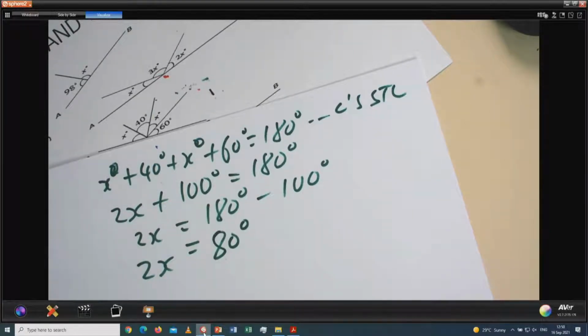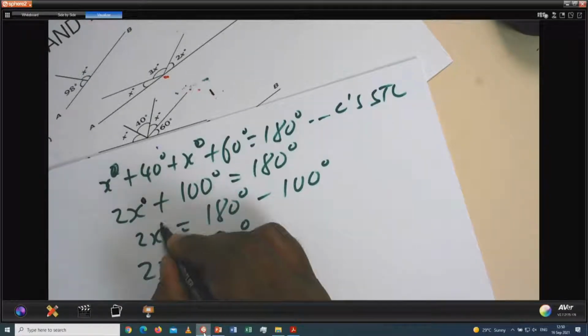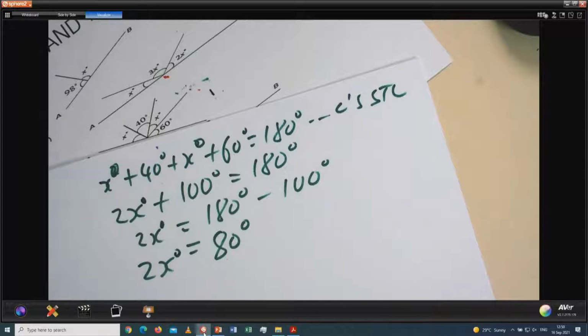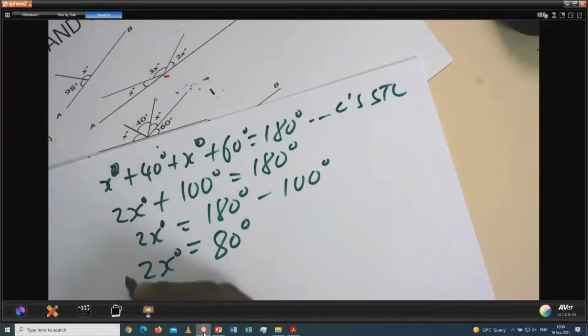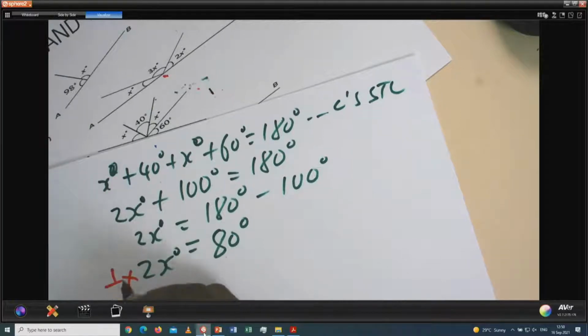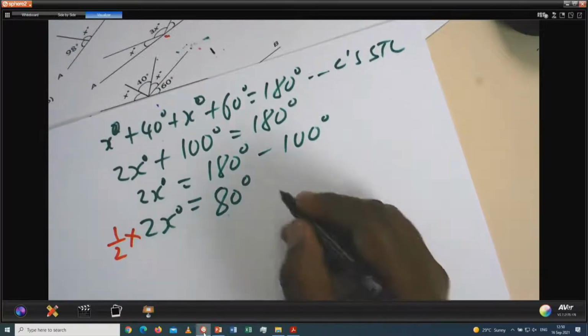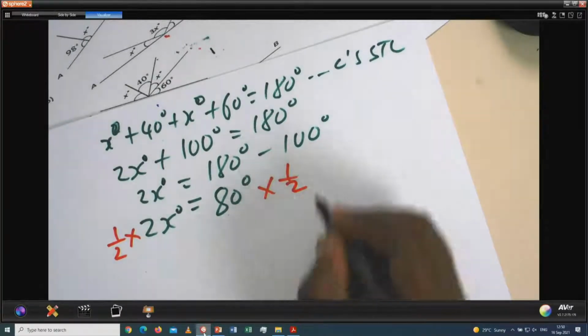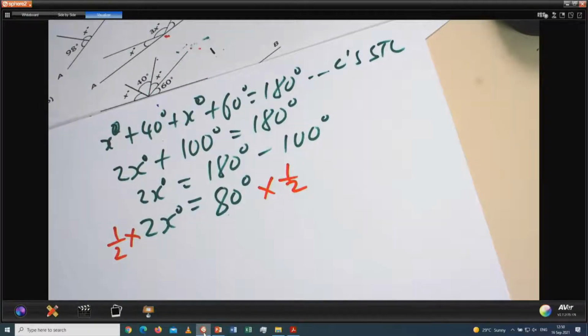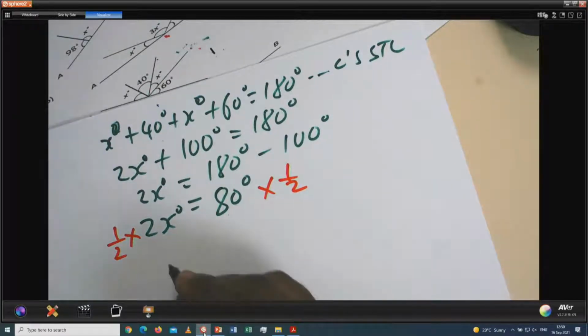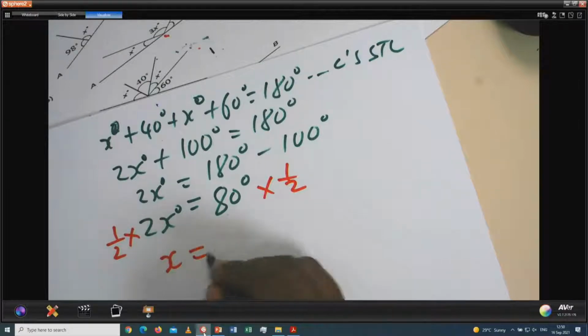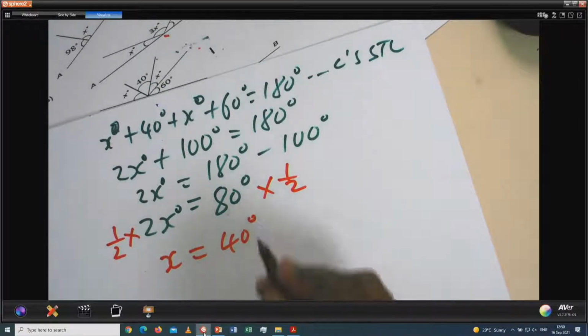Again, once more, we are interested in x degrees. Therefore, we will multiply again with your inverse of 2, which is half. Whatever you do on the left, do on the right. Therefore, your x will be equal to 40 degrees.